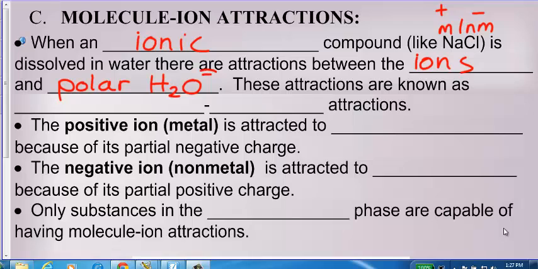In water, oxygen has the negative charge and hydrogen has the positive charge. Water pulls the ions apart, and there is an attraction between the water molecule and the ions. These are called molecule ion attractions.